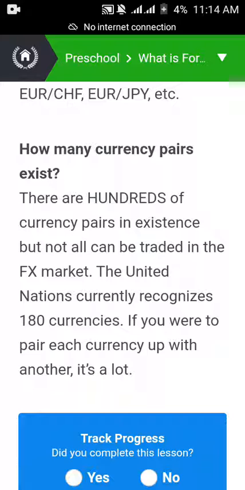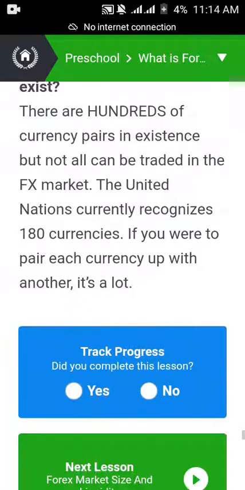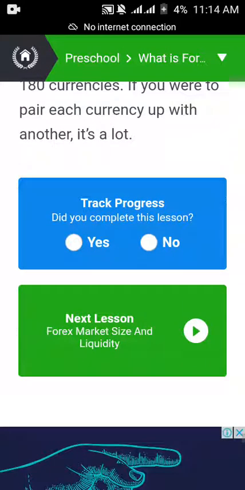So we have numerous currency pairs in the forex market, but only a few are being traded: those that are more liquid and more popular. In our next class, we'll talk more about this.